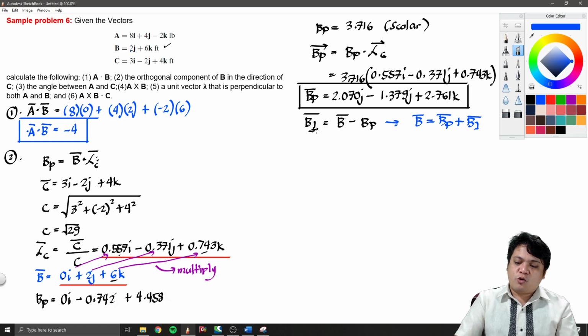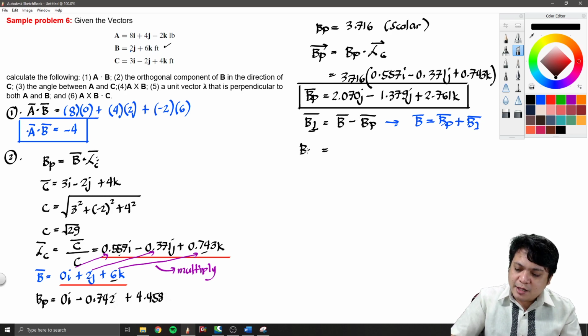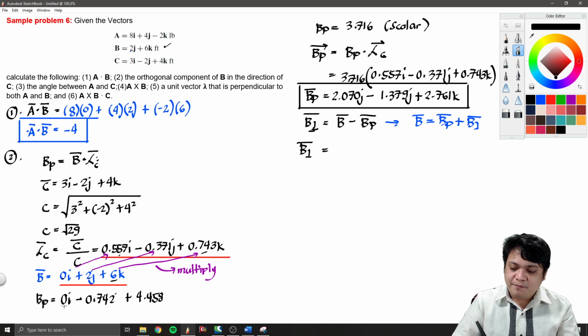Okay? So, kung kukunin natin yung perpendicular component, ima-minus lang natin yung parallel component dun sa ating pinaka-vector B. Okay? So, pag nakuha natin to, yung B natin, again, you will be having here 0. Okay? And then 0 minus, this one is I.